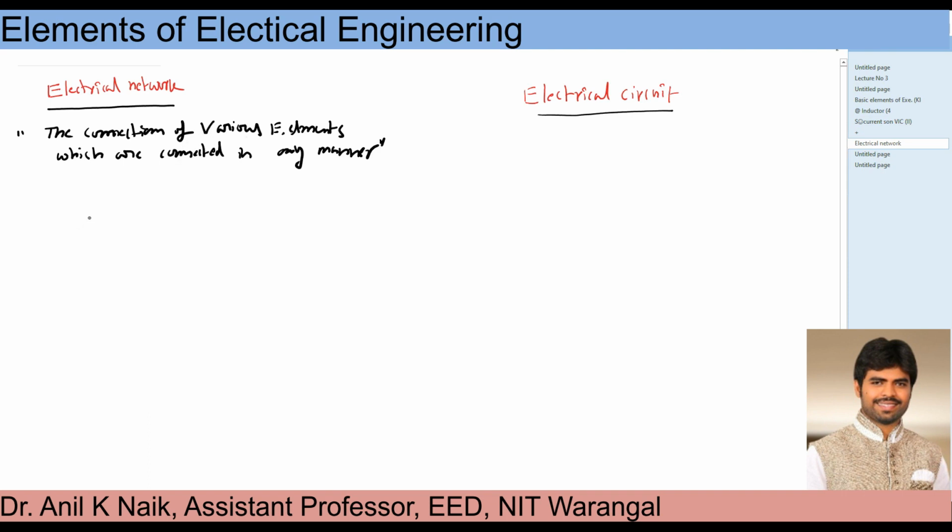Suppose, for example, this is my network, connected like this, with voltage source V, R1, R2 and R3. So I have different electrical elements here: R1, R2, R3 are elements and the voltage source is an element, which are connected in any manner, and this forms an electrical network.